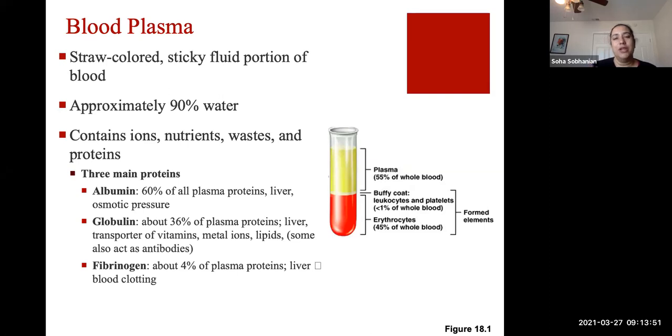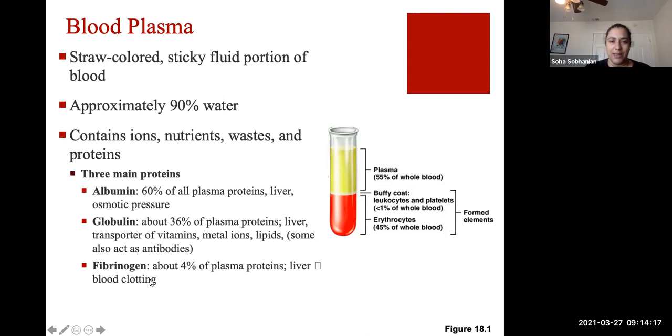Now, we mentioned that plasma has proteins, and there are lots and lots of different proteins, guys. We're not only talking about 3 different points or 4. We're talking about hundreds and thousands of different proteins in your bloodstream. But what is most of your plasma protein made up of? They fall into these 3 categories: albumin, globulin, and fibrinogen.